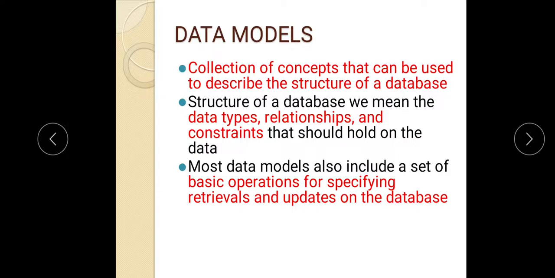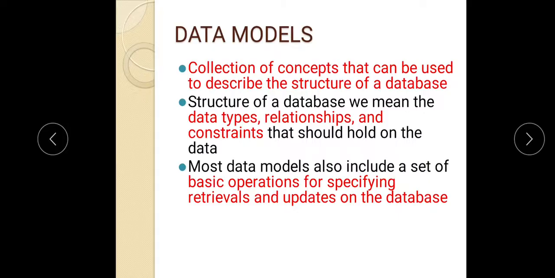Suppose we want to update a database, how can we do it? Those operations are specified in the data models. So data models also specify the basic operations for specifying retrieval and update on the database. So that is called a data model. This is the definition of a data model.